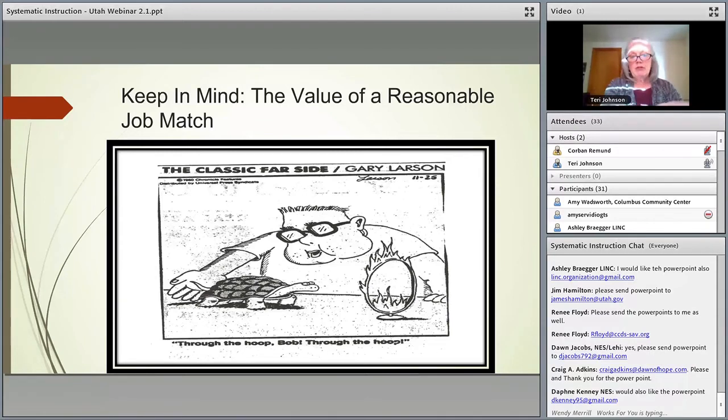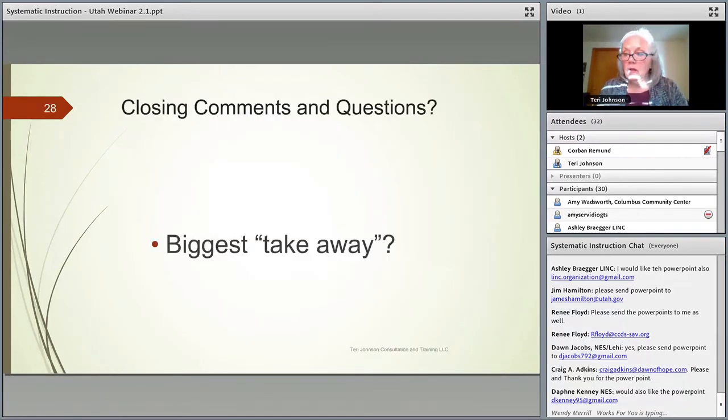We go into a job, some of it we know, some of it we have to learn. But unfortunately, when I see some gaps between everything this person is going to have to learn and everything we either know or are learning about this person in terms of good job match, the gap sometimes can be huge. So, the value of a reasonable job match. Next slide.